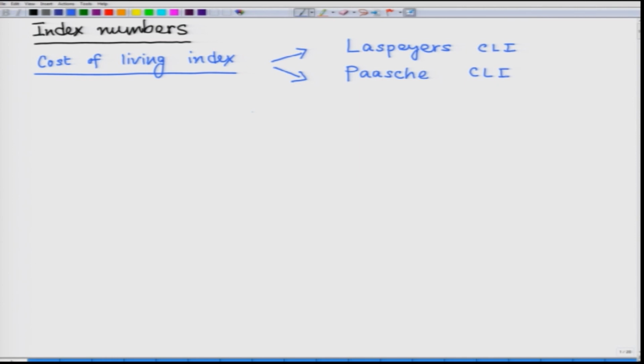Now, note that these Laspeyres and Paasche price index numbers were not provided by economists. There were two statisticians in the late 19th century, Laspeyres and Paasche, who provided these formulas. So, now we are going to compare their formulas with a concept called the ideal cost of living index or exact cost of living index, which has a touch of microeconomics in it.